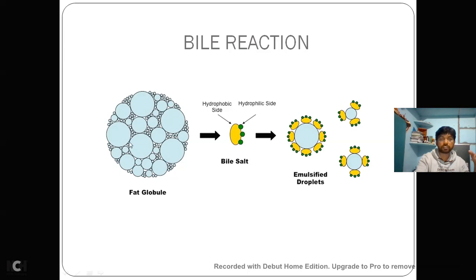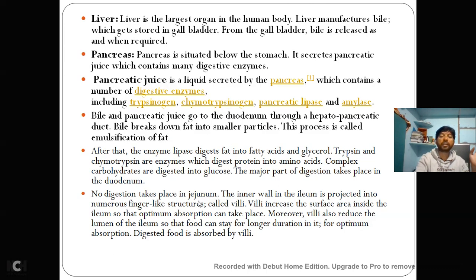You can observe here, all this light blue colored part is attached to the bile salt, into the small fat globules. This is the function of bile, and it also provides the alkaline medium for the action of the juices secreted by the pancreas.